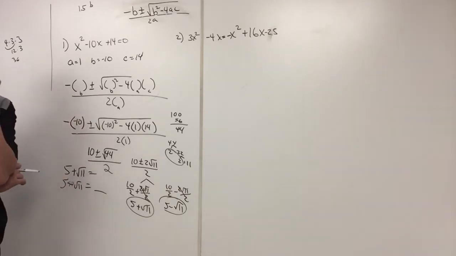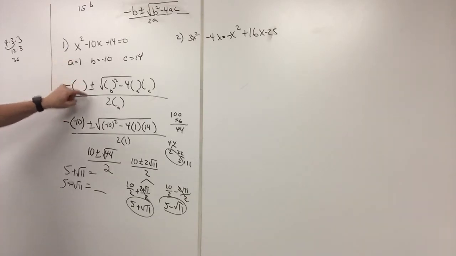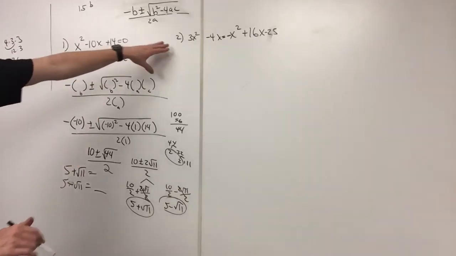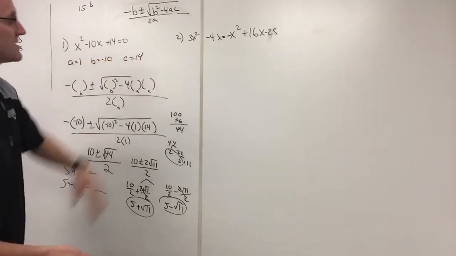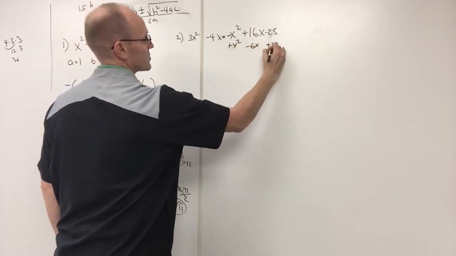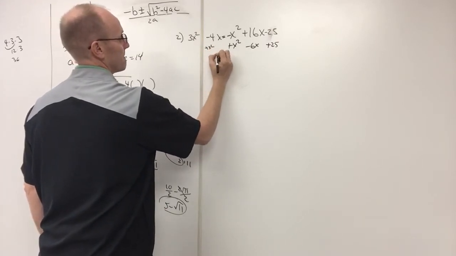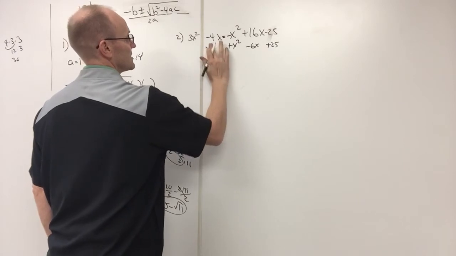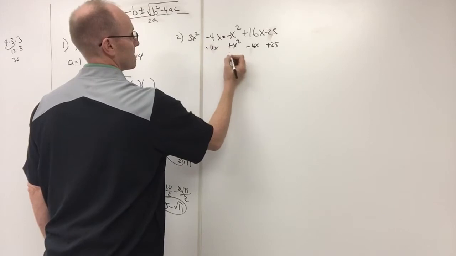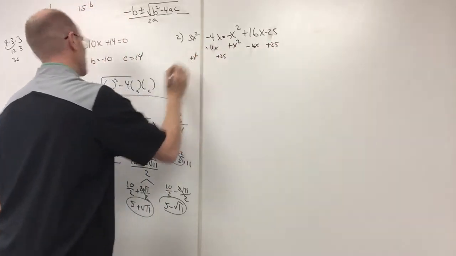All right, last part we're going to do, because once again, you can sort of see we've done all this. The only new part is entering it into our formula. So this needs to be solved for 0, which was one of our lessons. So as I move this over, I'm going to add x squared, subtract 16x, add a 25. I'm going to add my 25 to both sides and add x squared.